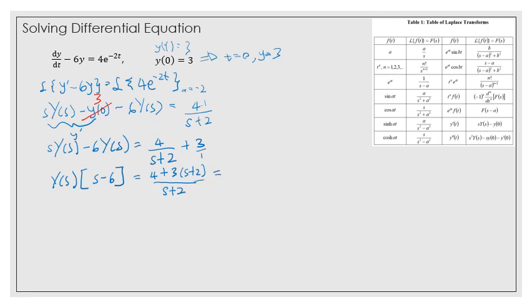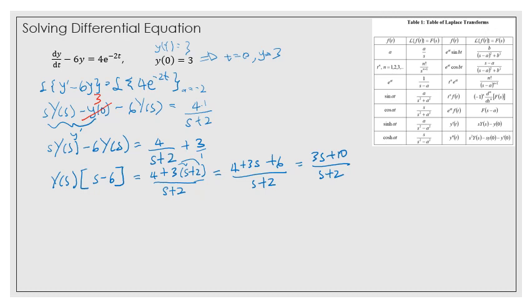So we will get 4 + 3s, make sure you multiply both, plus 6 over (s + 2). Simplify, we will get (3s + 10) over (s + 2).